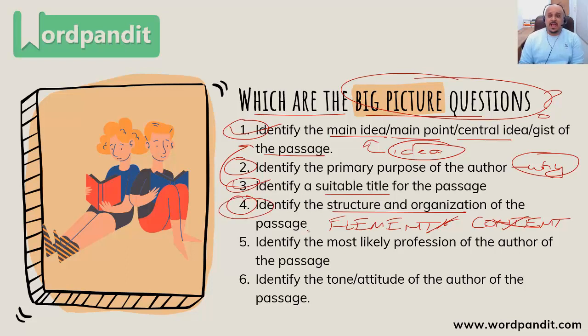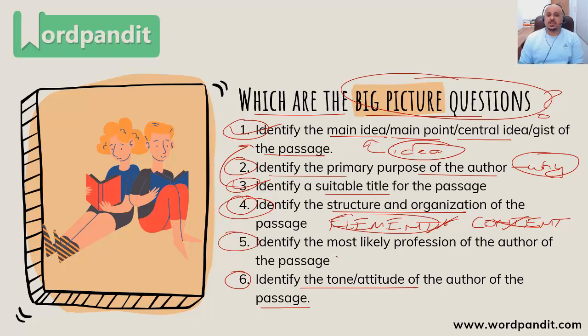This is driven by the structural elements used by the author. The primary purpose of the author of the passage is then related to point number 6 on this slide, the tone, attitude of the author of the passage. Primary purpose, tone, attitude are connected to each other. Title and main idea are connected to each other. Structure and organization is not about the content of the passage, it's about the structural elements used.